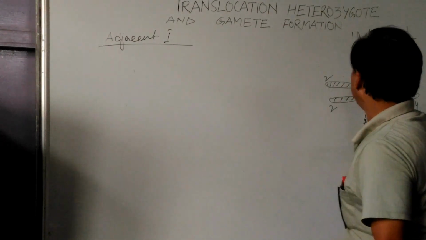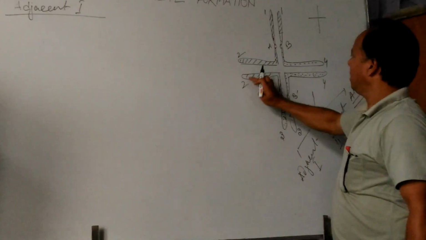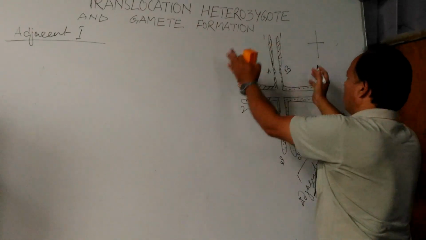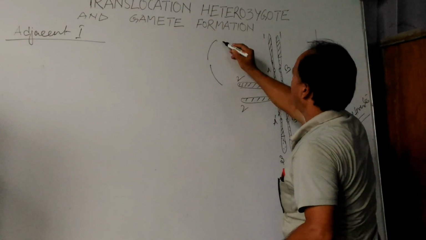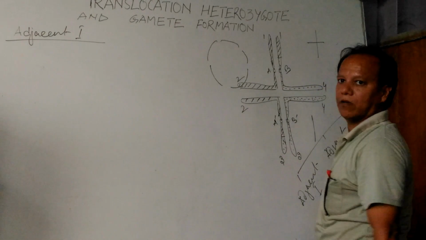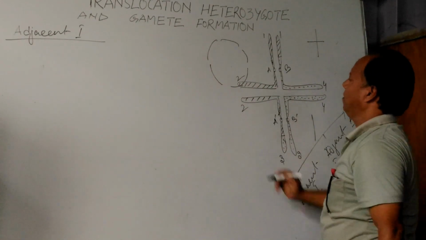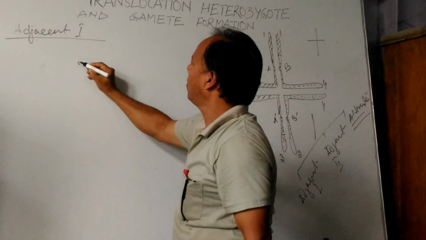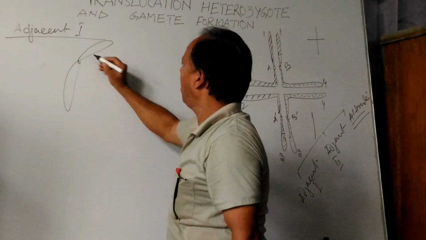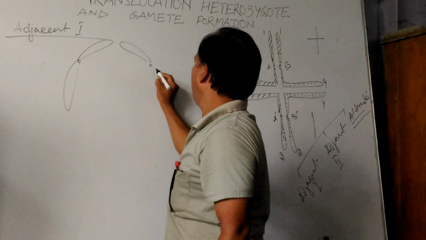In adjacent 1 segregation, the two non-homologous chromosomes lying adjacent to each other move to one pole, while the remaining two move to the opposite pole.